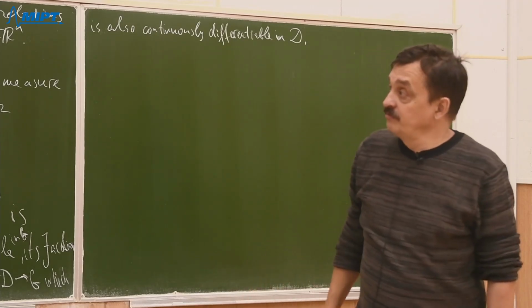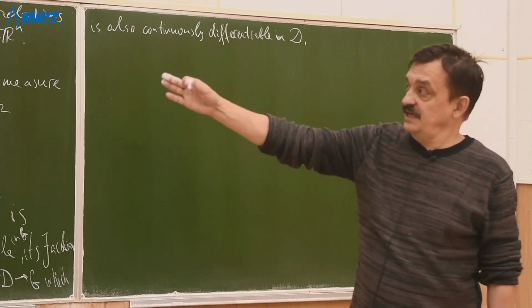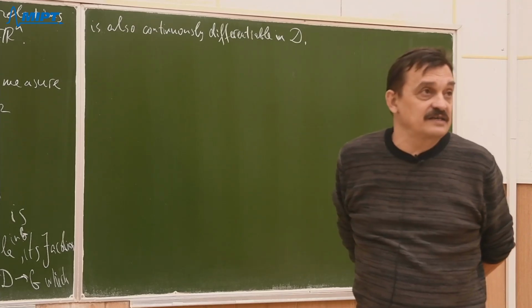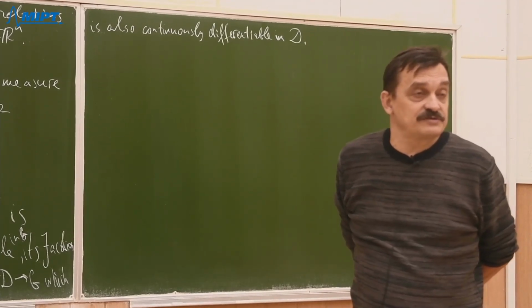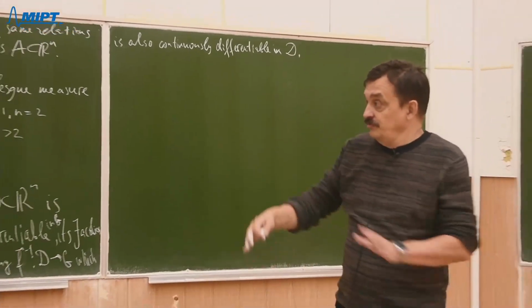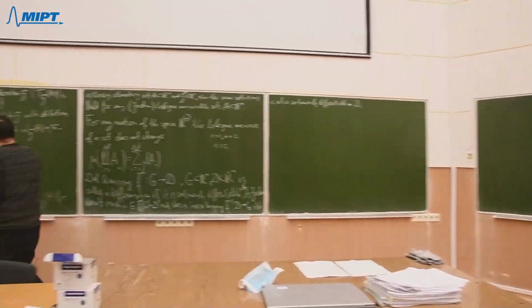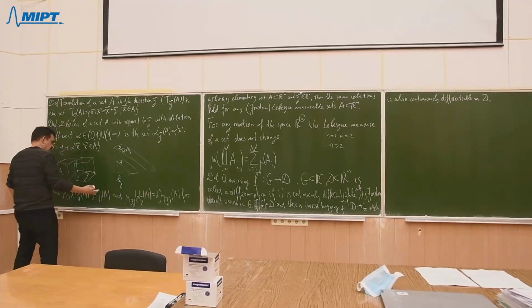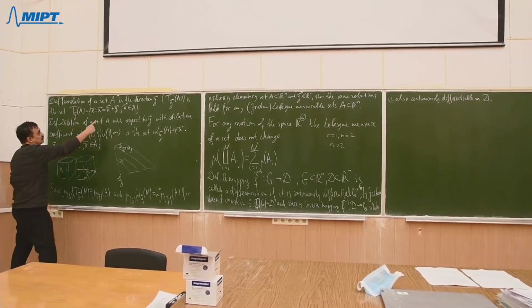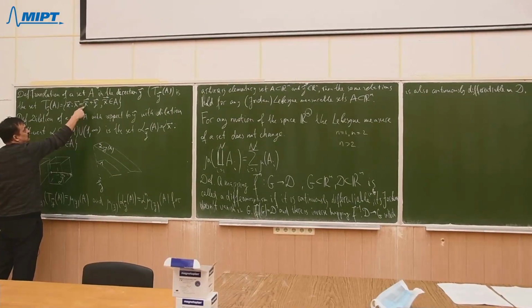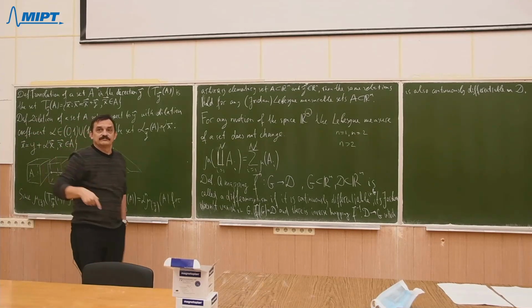And obviously translations and dilations are examples of diffeomorphisms, because both are differentiable. In fact, for translations, the derivatives are unit matrices, right?